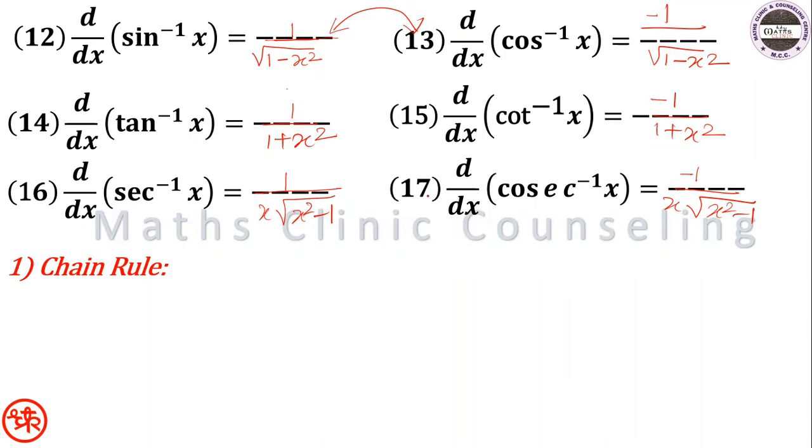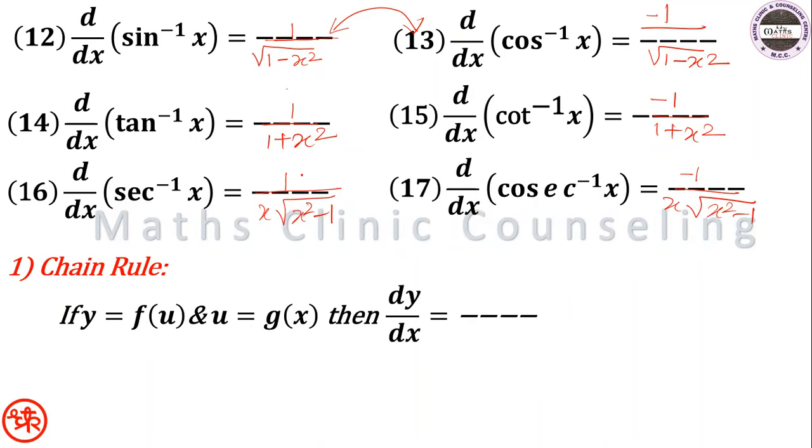What was chain rule? Chain rule is: if y is a function of u, and u is a function of x, then finally y is a function of x.